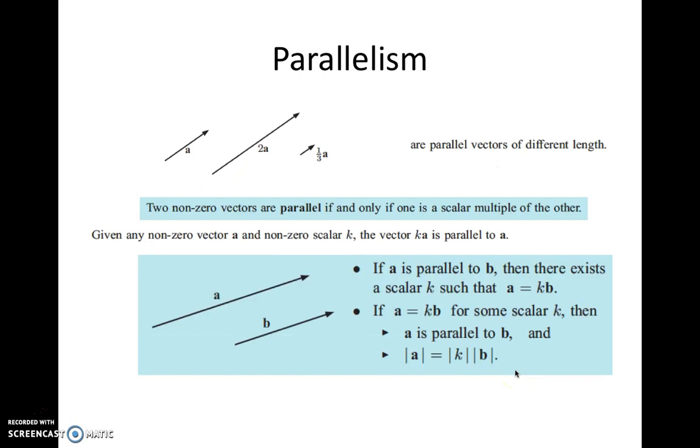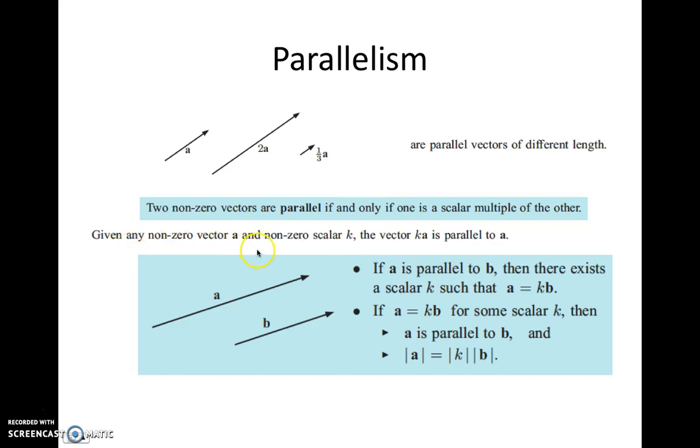Parallelism. Say we put the vector A, the vector 2A, and the vector 1/3 A. They're all parallel vectors, but they've got different lengths, so they're not equal to each other. Two non-zero vectors are parallel if and only if one is a scalar multiple of the other.